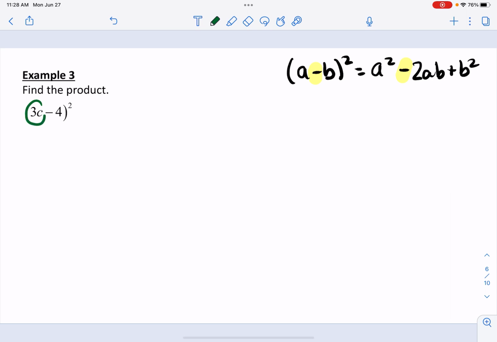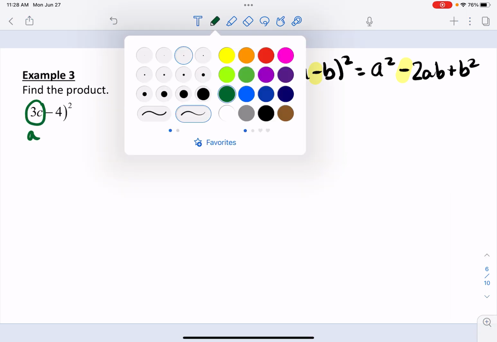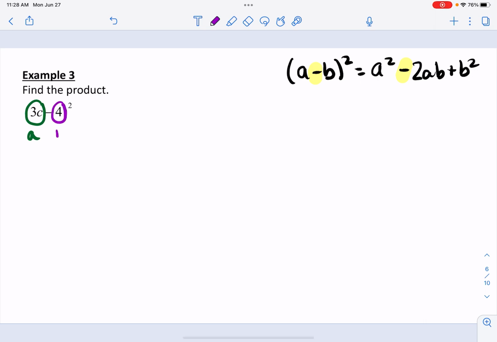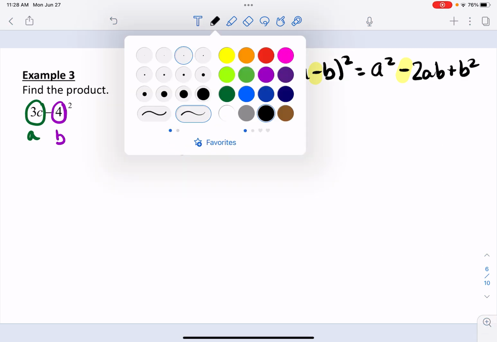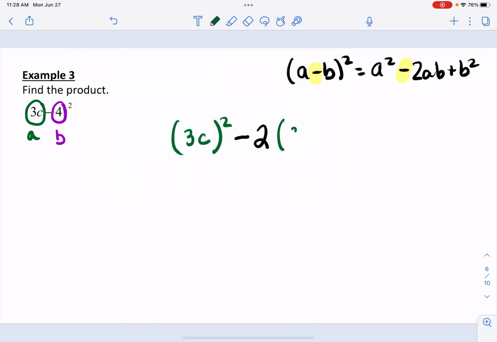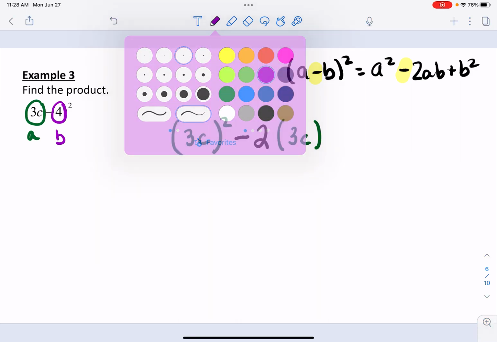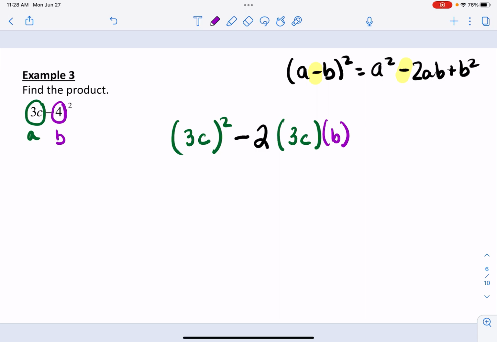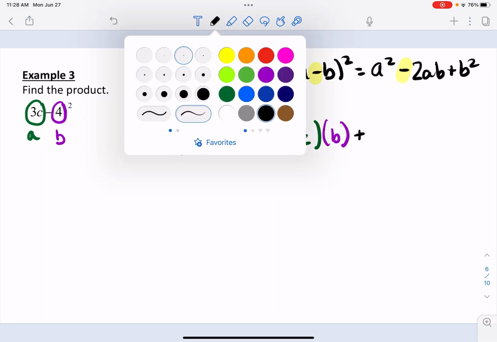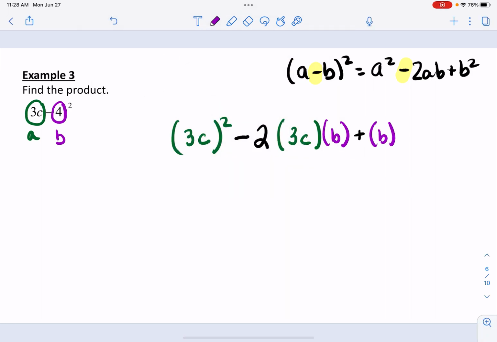So again, I'm going to call that my A. The 4, that's going to be the B. So I have a squared, which in this case is 3c, same sign in the middle, 2 times a times b, always positive b squared.